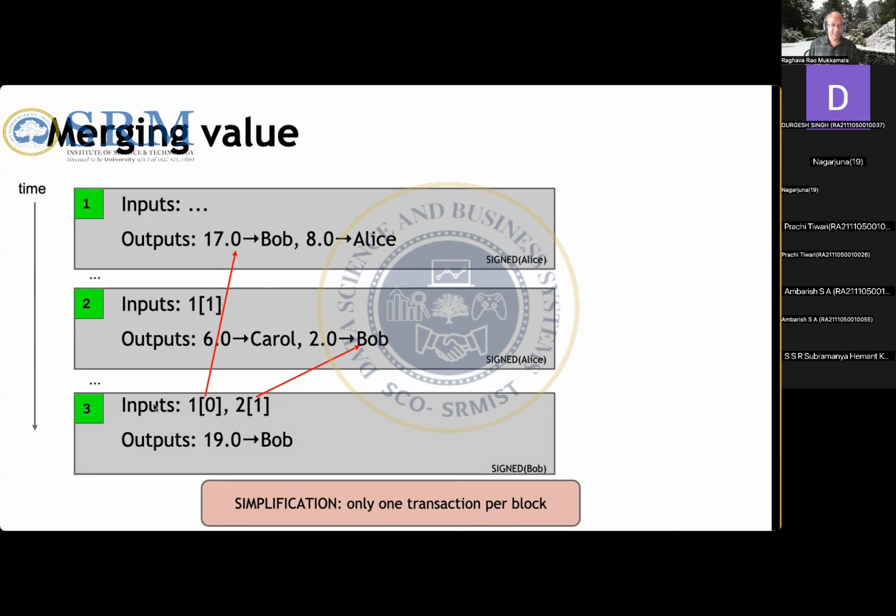So what he will do is he will input those two coins, 17 coins here and this containing two coins worth. And then he will simply output to an address which is controlled by him.